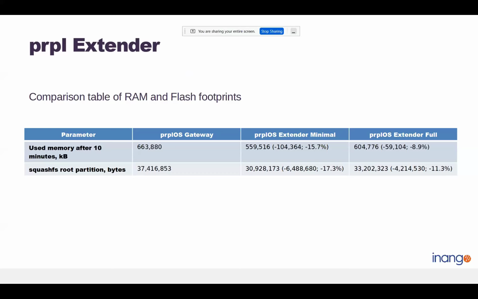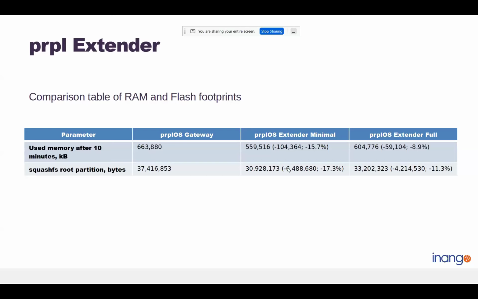As we can see here, the minimal extender profile uses approximately 100 megabytes less RAM than the gateway, which is almost 16% less. And the minimal extender profile has 6.5 megabytes less rootfs than the gateway.